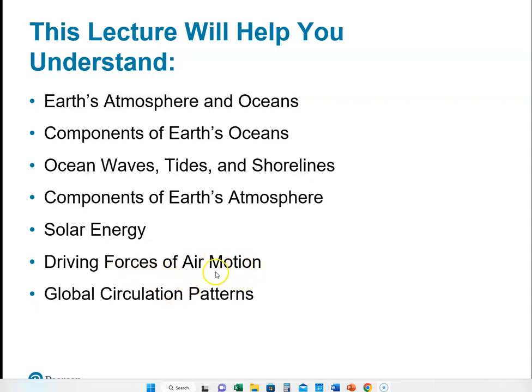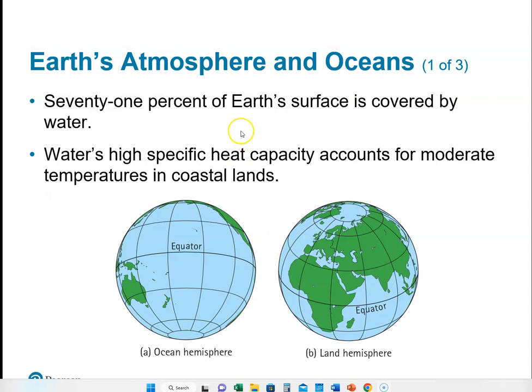And then what we'll see is the global circulation patterns with both the oceans and of course the atmosphere. All right, so let's get into this.